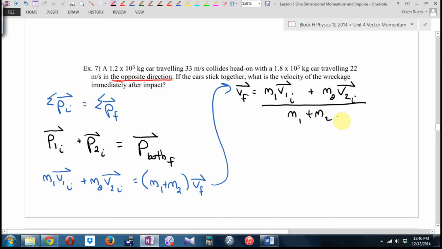Okay. Well, we've reached the plug and chug stage. Looks like V final is going to be mass 1. What is mass 1? Sure thing. What's V1? Plus mass 2, V2. 22 is wrong.